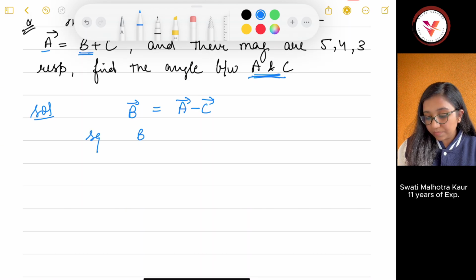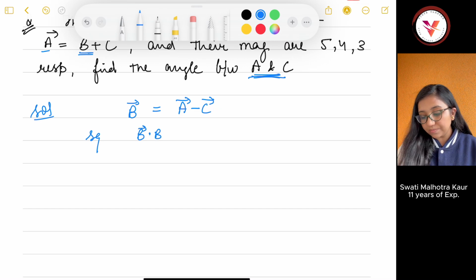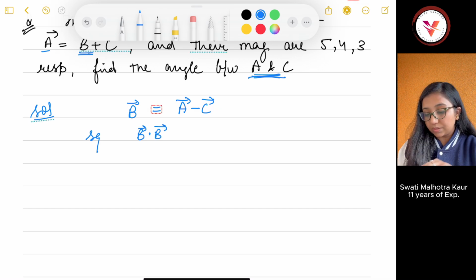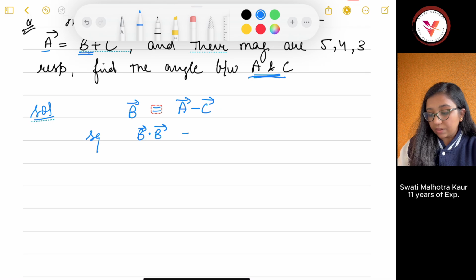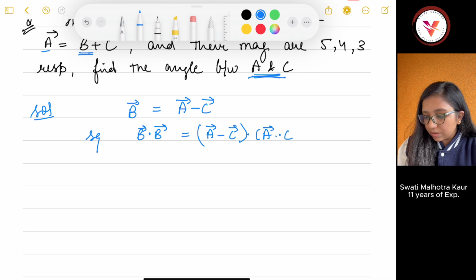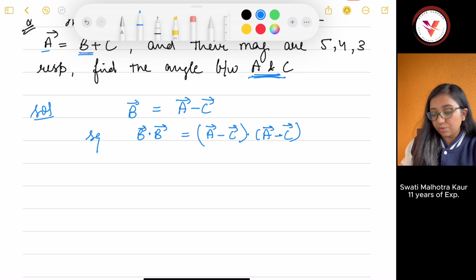So first is this. Then you can square them. It simply becomes B dot B vector, that becomes A minus C dot A minus C. Okay, I'm already taking the dot product, A minus C. Then you can use the distributive property.